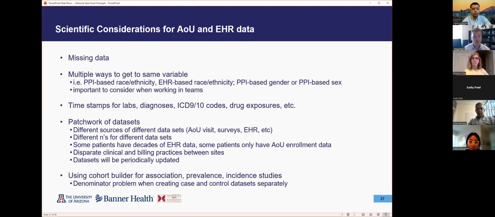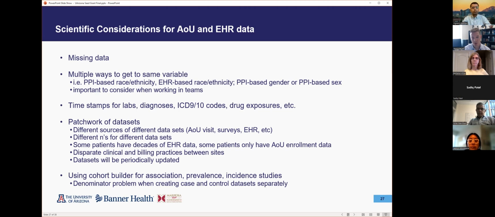There are multiple ways to get to the same variable, like race and ethnicity. There's an EHR variable, there's a PPI derived variable. And so that's important to think about, especially when you're in a team and you're accessing the data set from different directions. You could potentially be using different fields because there are multiple ways to get to the same data point.